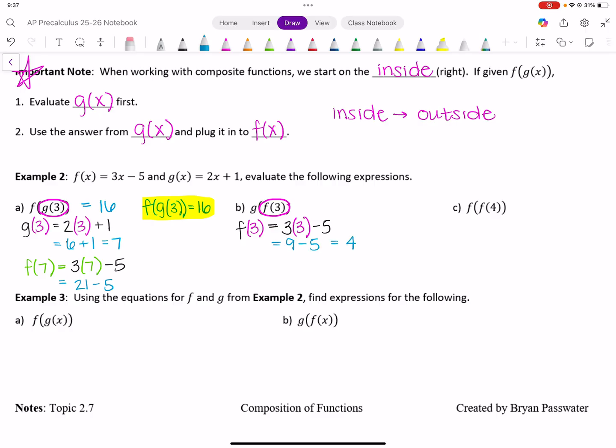So now that we know what f of 3 is, we're going to do g of 4.